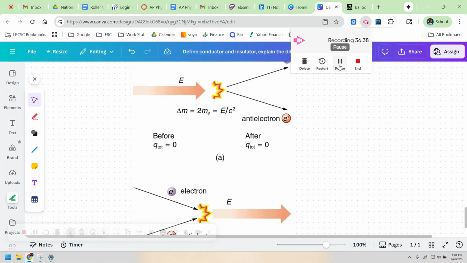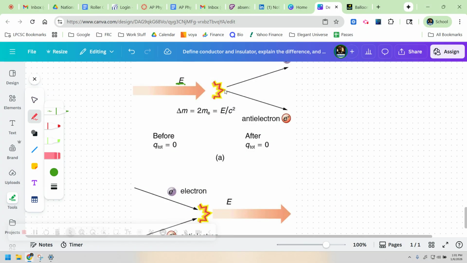Oh, I just want to correct myself real quick. In this diagram, what we're really doing is converting the mass of an object into raw energy, or taking raw energy and converting it into mass. So in this case we have energy, and the change in mass is, if I have 2 electrons, the energy is equal to E divided by C squared.